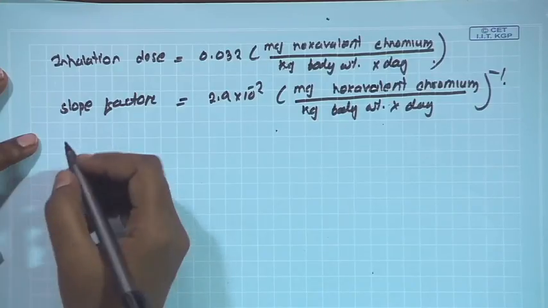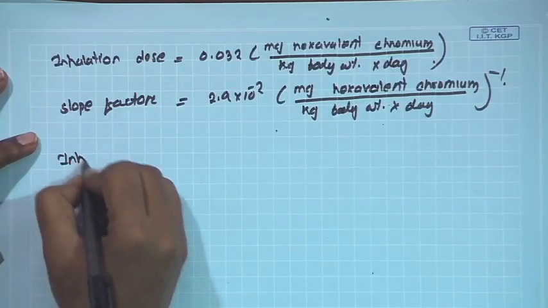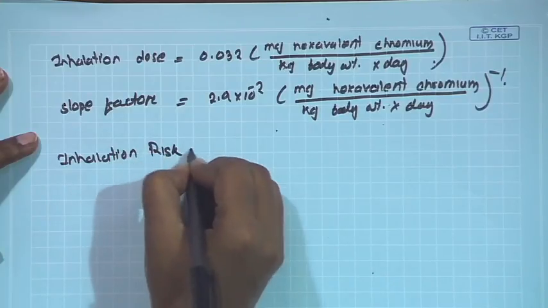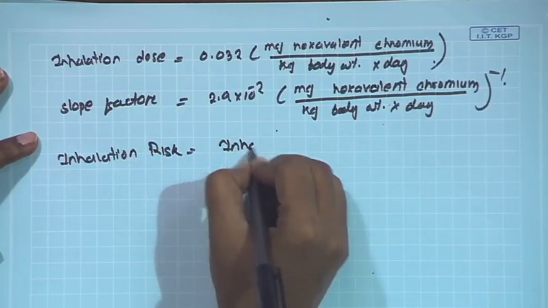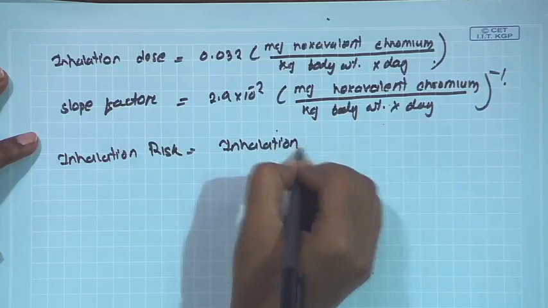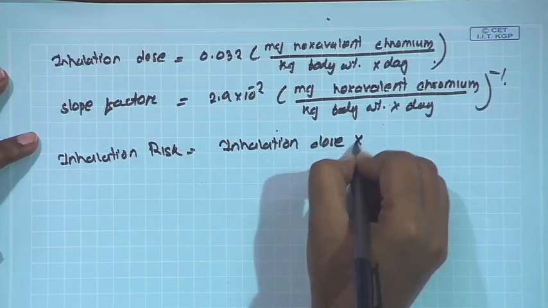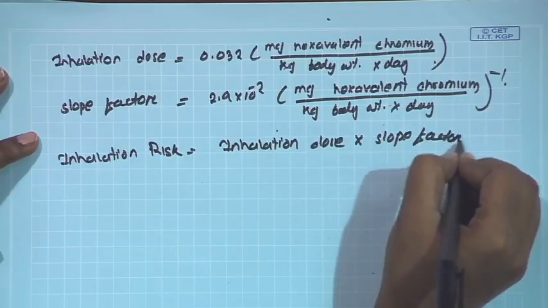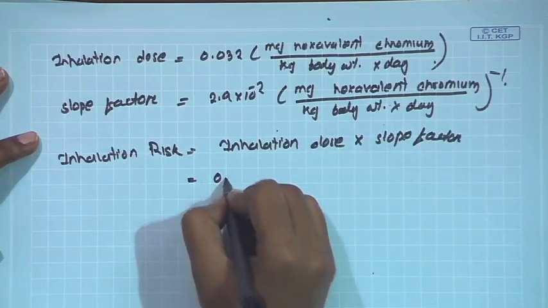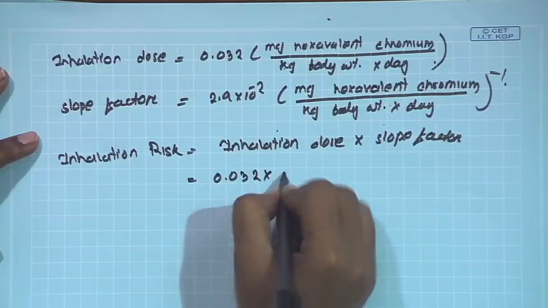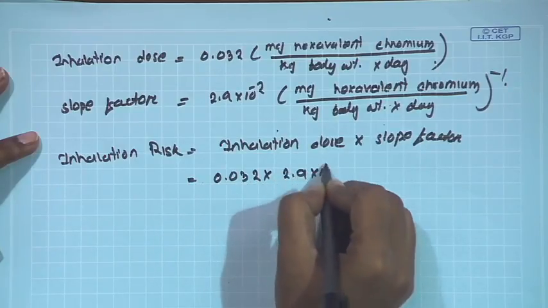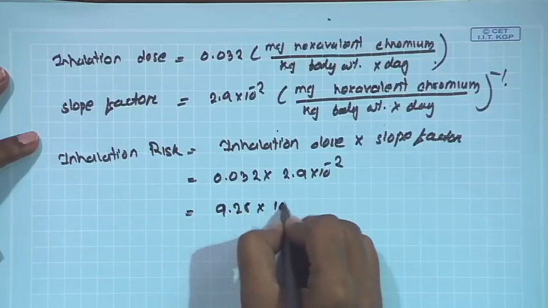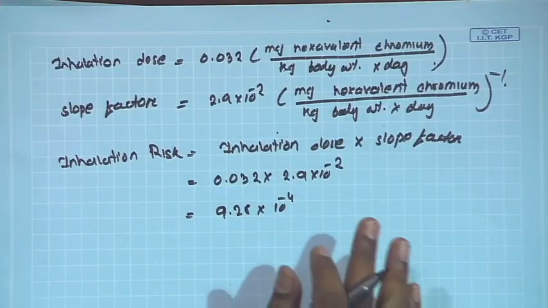Then the inhalation risk is inhalation dose multiplied by slope factor, which is 0.032 into 2.9 into 10 to the power minus 2, that is 9.28 into 10 to the power minus 4, and it is unitless.